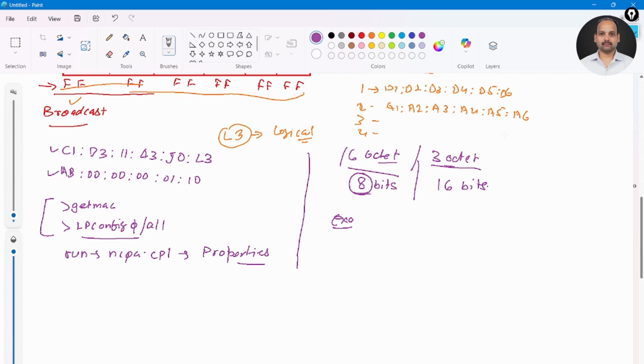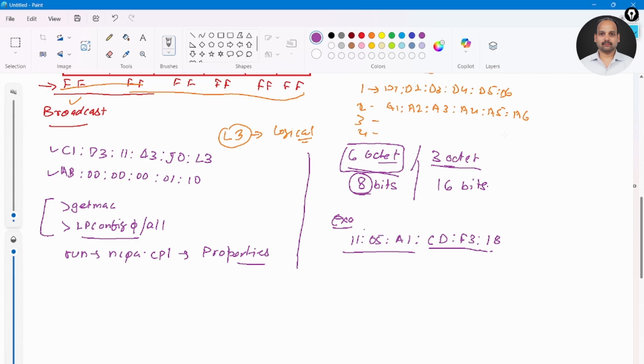So if I am going to use 6 octets, then how can I write it: 11 05 A1 CD F3 1B. So this is 3 and 3, that is the 6 octets.